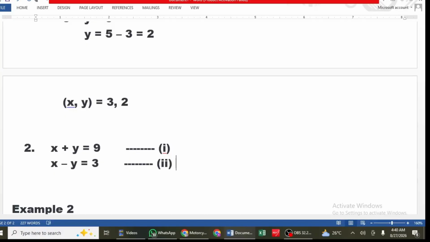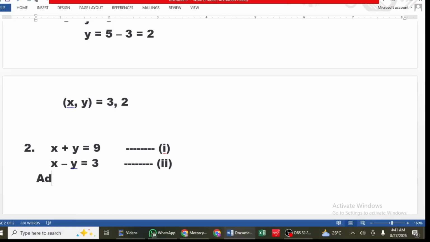And don't forget that for you to add the two equations together, they must have different signs in the middle. And for you to subtract the two equations, they must have the same sign in the middle. Now equations 1 and 2 have different signs. The first one is plus, the second one is minus. Because of that, you are going to add the two equations together.